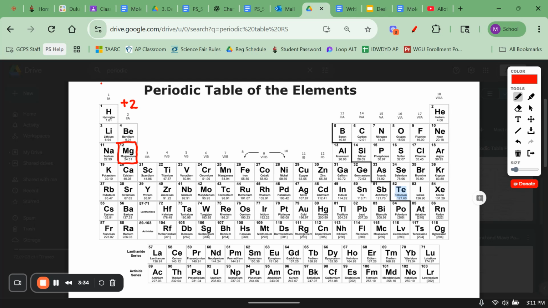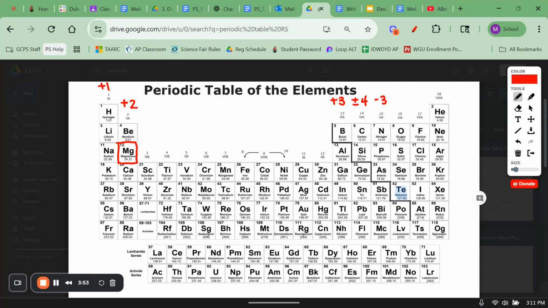That's like any element in the first family will give you a +1 charge. Transition metals are skipped because they could be multiple versions. Anything in boron's family will be +3. Carbon is the max, so it can be plus or -4.